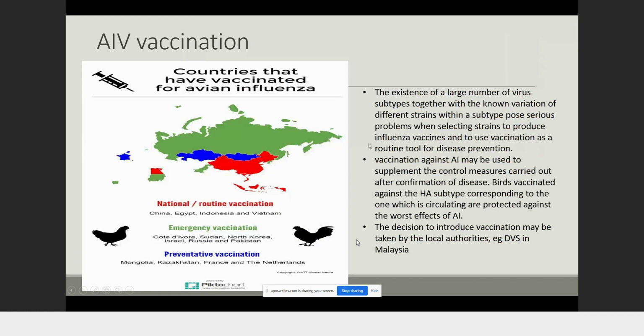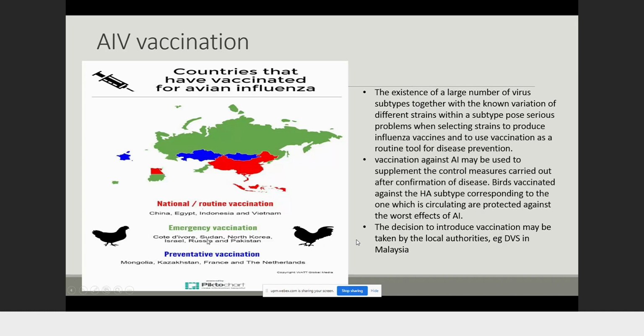So for AIV, avian influenza vaccinations: so far, not all countries worldwide practice vaccination. Routine vaccination is practiced by China, Egypt, Indonesia, and Vietnam. You see here, no Malaysia.